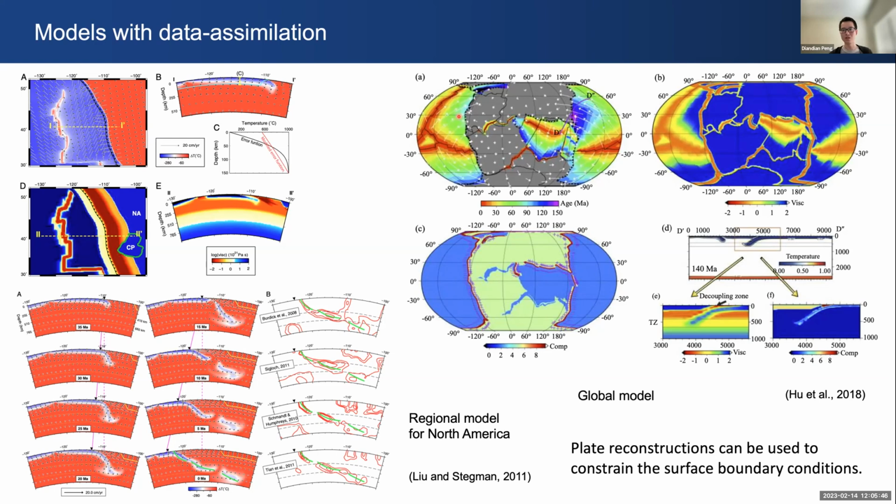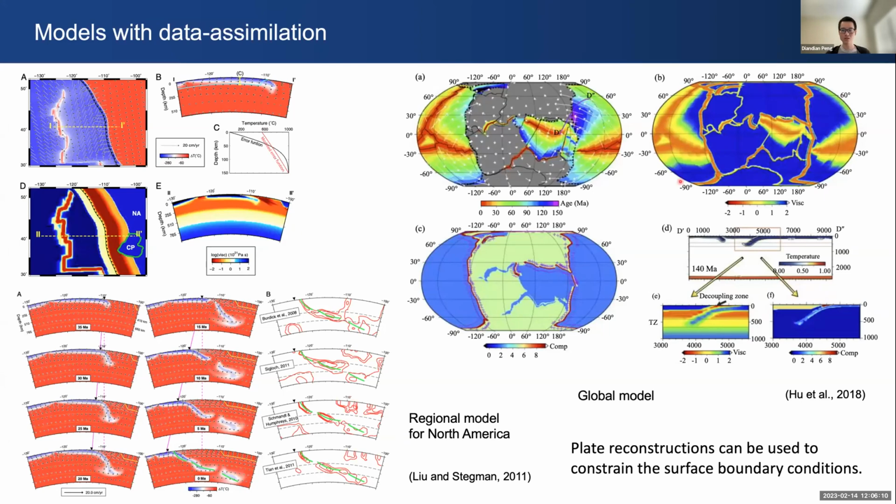Using this as input data in the model, we can develop so-called data assimilation models. For example, this one is a regional model for the Farallon slab, and the modeled slab structures fit tomography very well. And this one is an example of a global model.